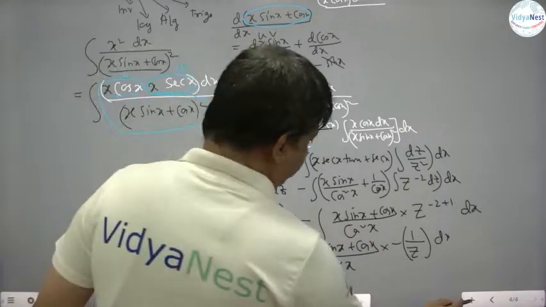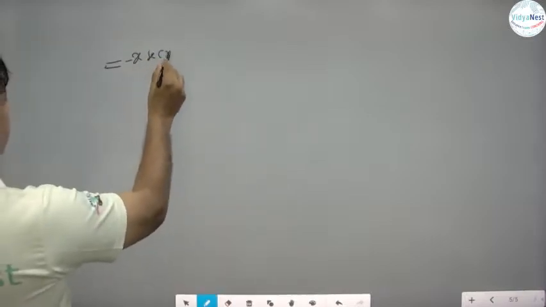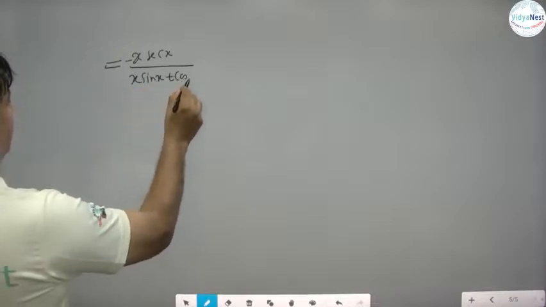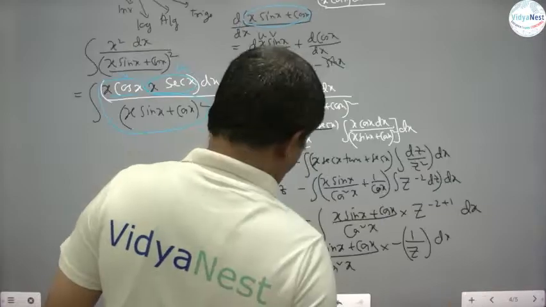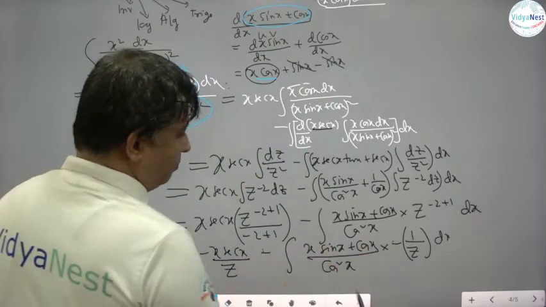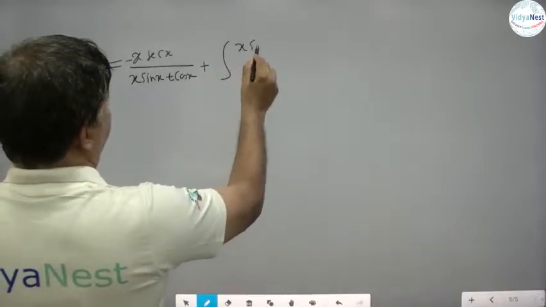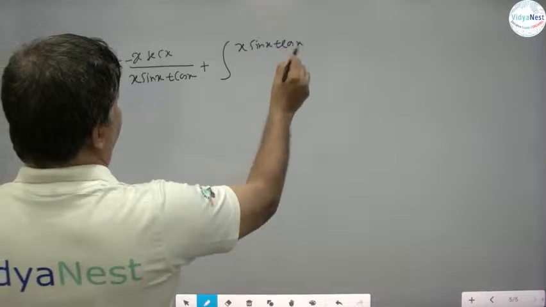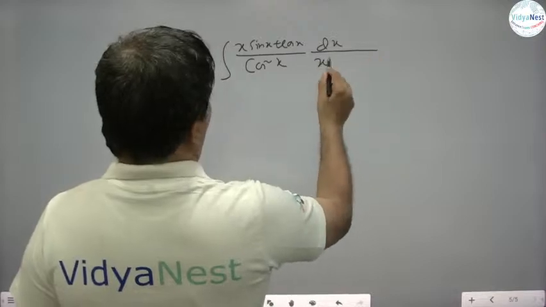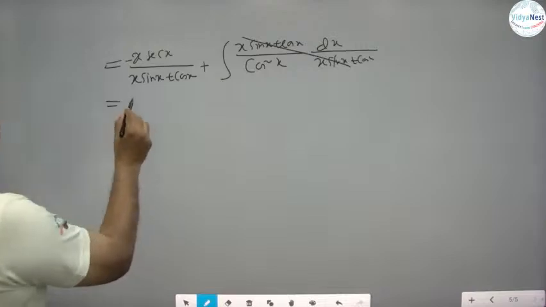So in place of z, write x sin x plus cos x. In place of z, this minus will be brought out and this minus coming out becomes plus. Okay? x sin x plus cos x by cos square x. See, the sum has become so simple.